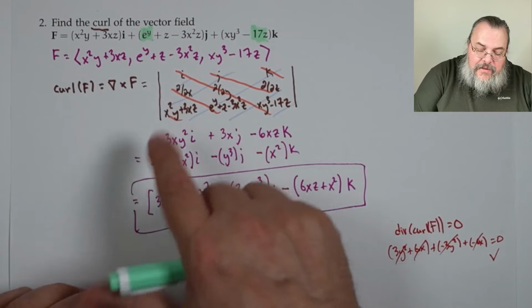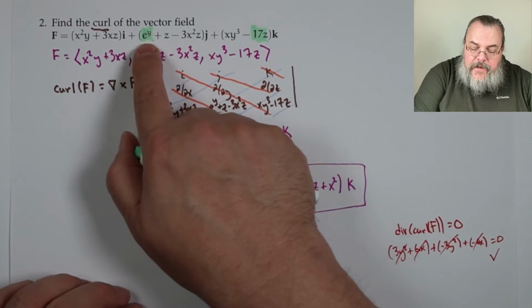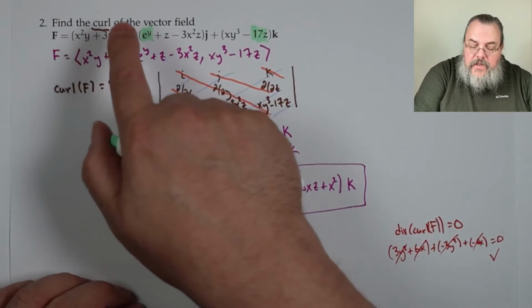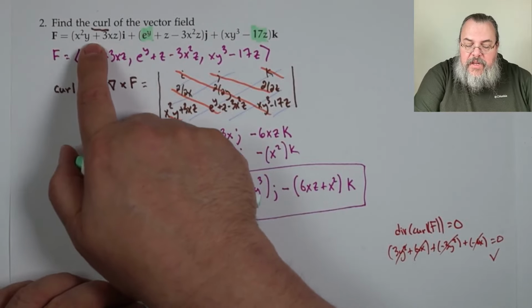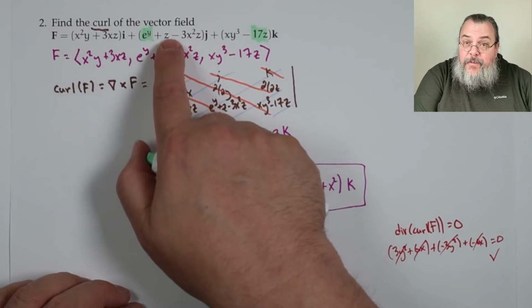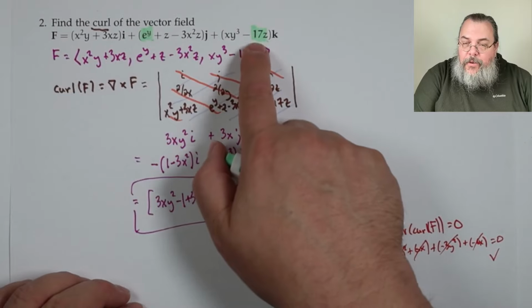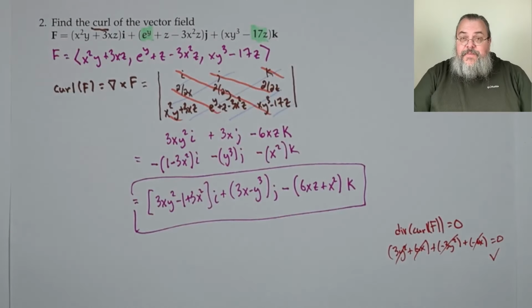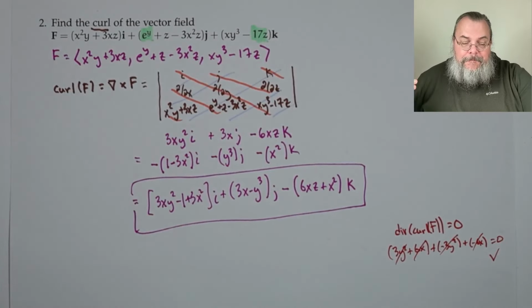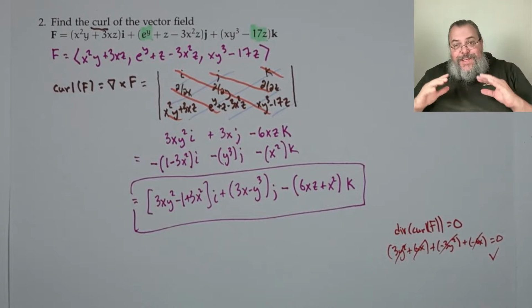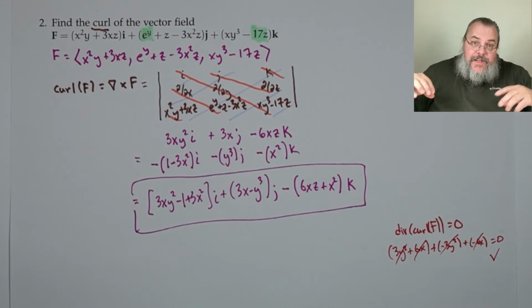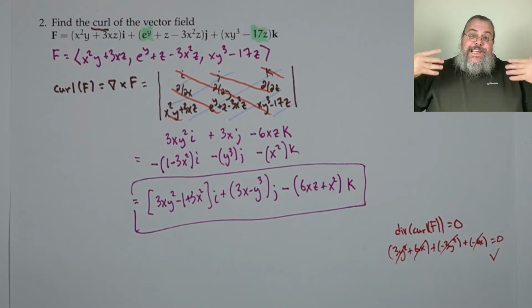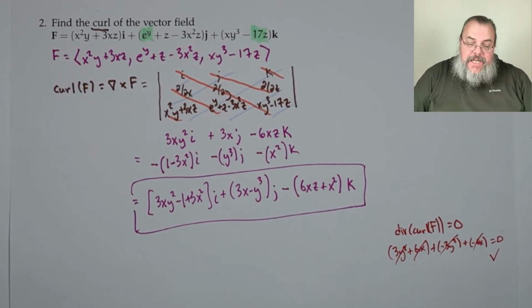So it turns out that for the curl, if you have functions only with respect to x in the first piece, functions only with respect to y in the second piece, or functions only with respect to z in the third piece, they all go away. And you'll see this happen later on, because we're going to do stuff with the curl. It's not just a fun toy. It actually has some interesting meaning.